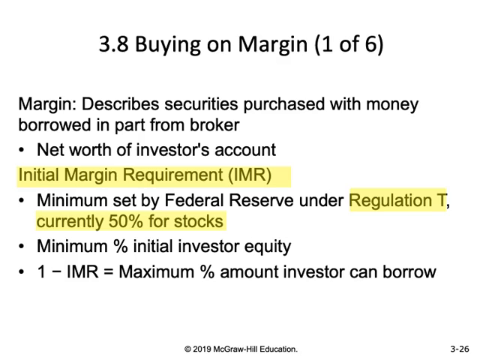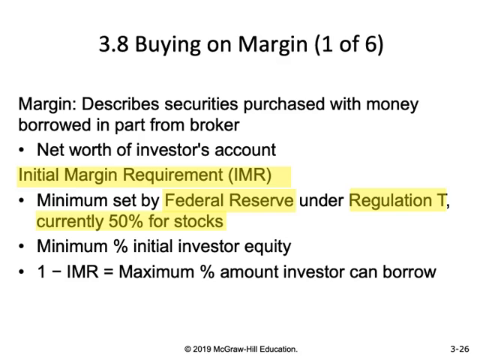So that's the most you could buy. Brokers can set more stringent requirements, but Regulation T, it says here, is set by the Federal Reserve. FINRA speaks to that as well. If you have 5,000, you could buy 10,000 in stocks.